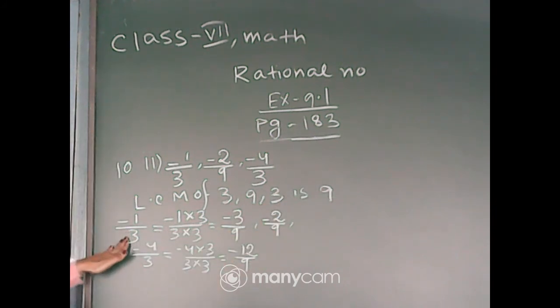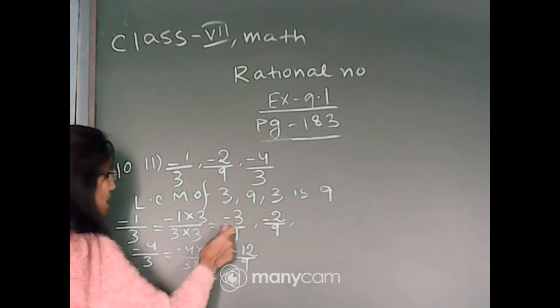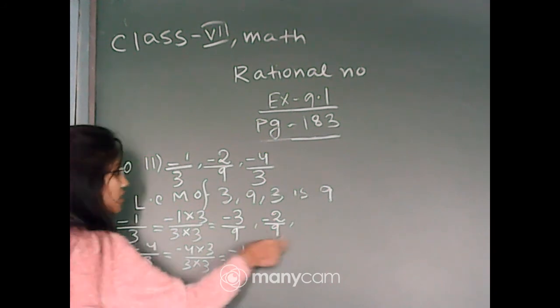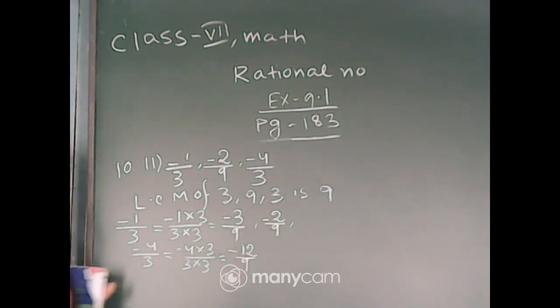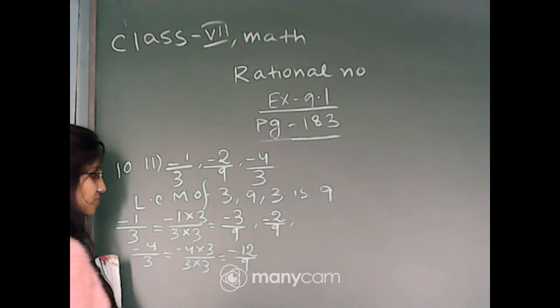Therefore, to make the denominator 9, we multiply both the numerator and the denominator of this rational number by 3, and we get minus 3 by 9. Here the denominator is already 9, and in this case to make the denominator 9, we multiply both the numerator and the denominator by 3, and we get minus 12 divided by 9.